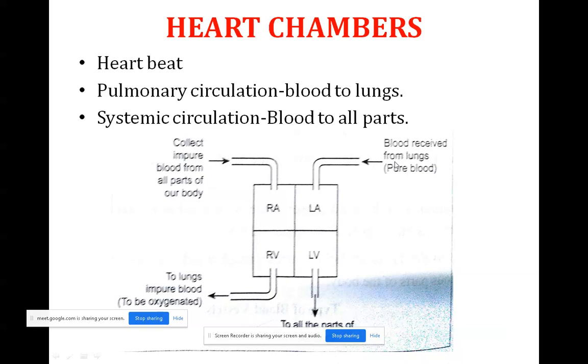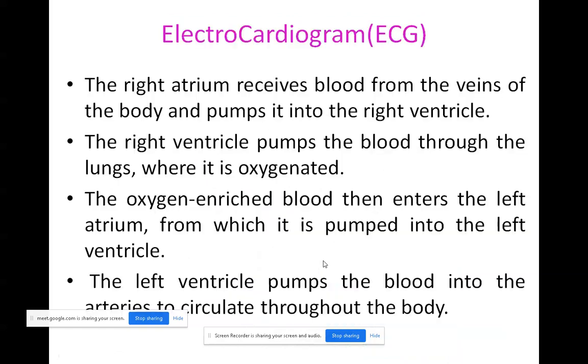That pure blood will be received from the lungs through the left atrium, and then it will be given to all the parts of the body through the left ventricle. This is the work of the heart.